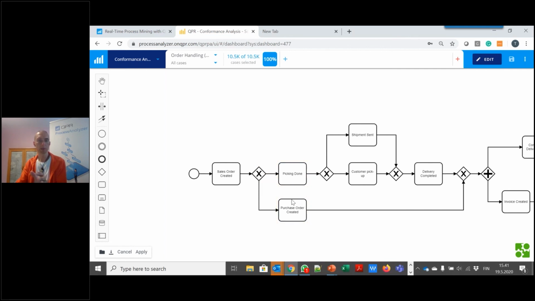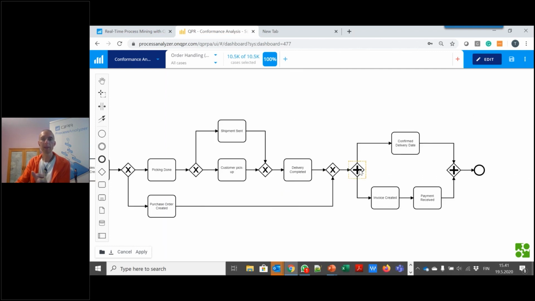So one of these must happen, and then you go forward from that point. And in here we have the symbol of both happening in parallel. So these BPMN symbols are controlling how the diagram is interpreted. And here you have the confirmed delivery date happening at the same time as these two, but the invoice created and payment received must happen right after each other. So you need to take that into account when doing the process analysis.